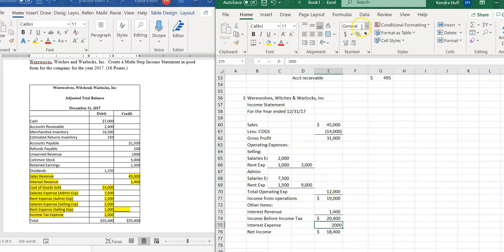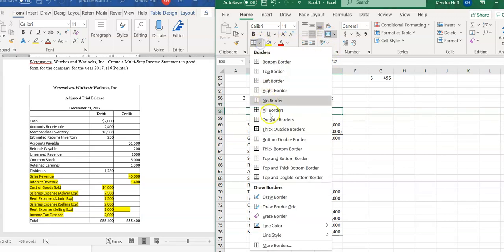Oh, I took out my double underline. Okay, and then this really needs to be centered, so I'm going to highlight it across and then merge and center. Merge and center, merge and center, and I would like a line underneath that.